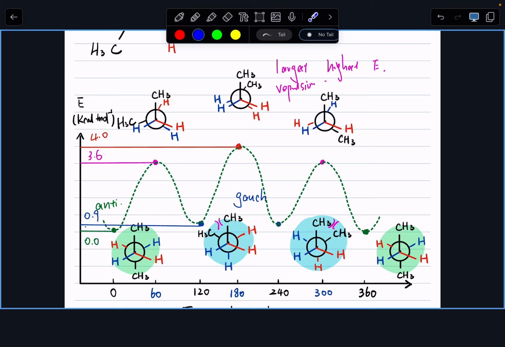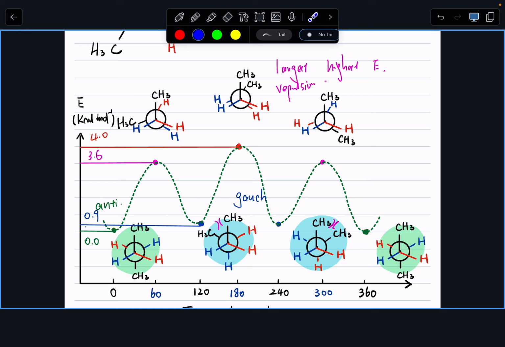Yes? So you said that the conformational changes are kind of always happening. Does it spend a higher percentage of the time in the most stable one? Right. So here's the thing. When we're talking about the rotation happening, as a matter of fact, it depends on how much energy is required for that rotation to take place. So if we're looking at room temperature, normally anything within a 10 kilocalories per mole window can take place.